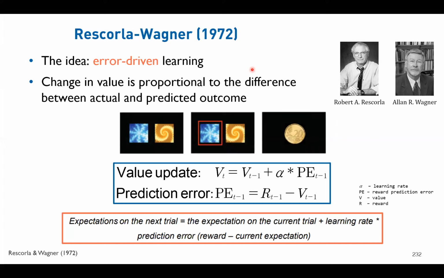Then you can calculate the difference between the actual reward and the expectation. Essentially, it is the difference between what you actually get and what you expected. This is called a prediction error. In other words, the error of the prediction, because the prediction is never perfect, there must be a deviation between your expectation and the actual feedback. Okay, so this difference is called a reward prediction error.